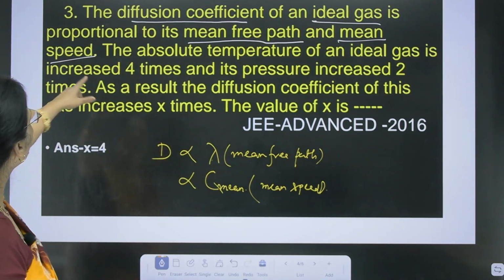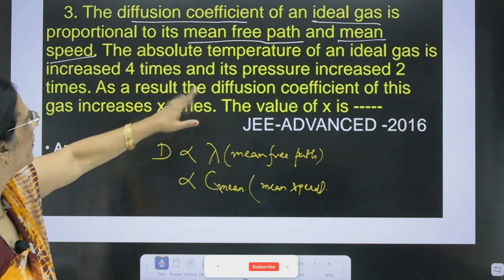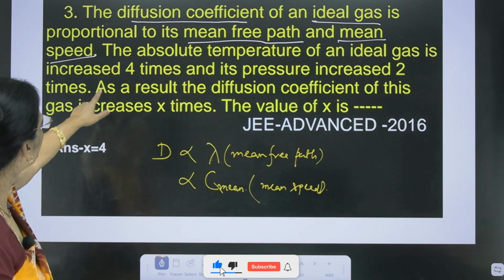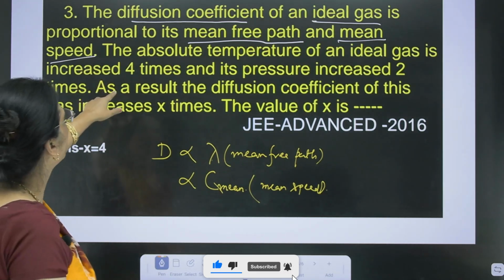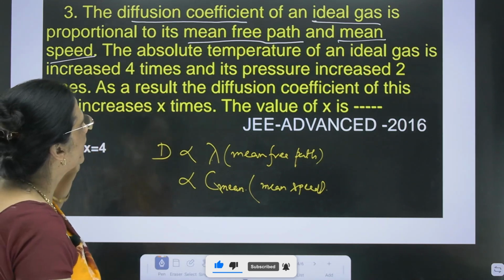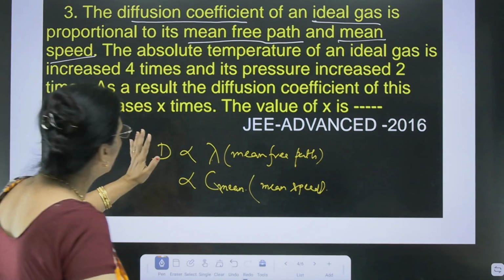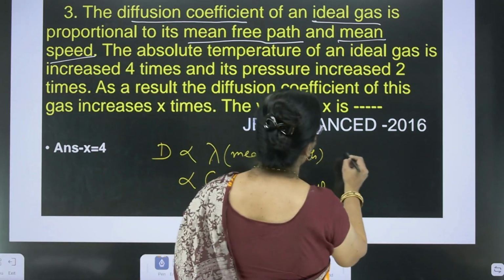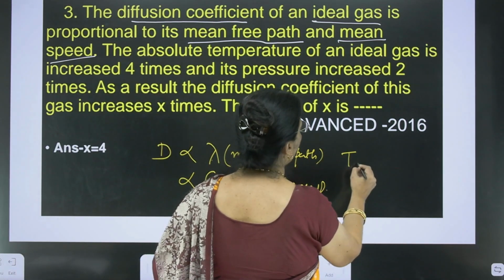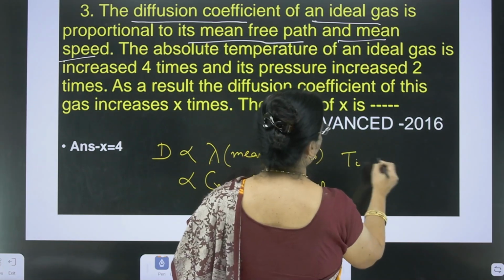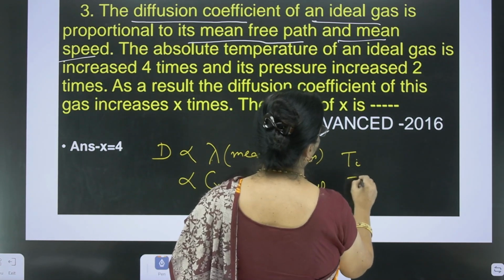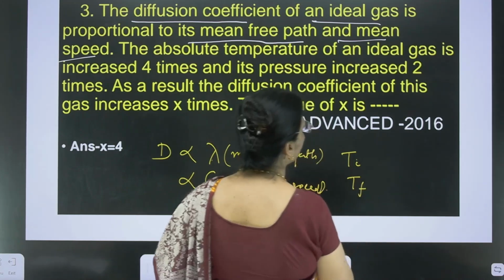What are the other factors given? The absolute temperature of an ideal gas is increased 4 times. That means the initial temperature is Ti and the final temperature is Tf.